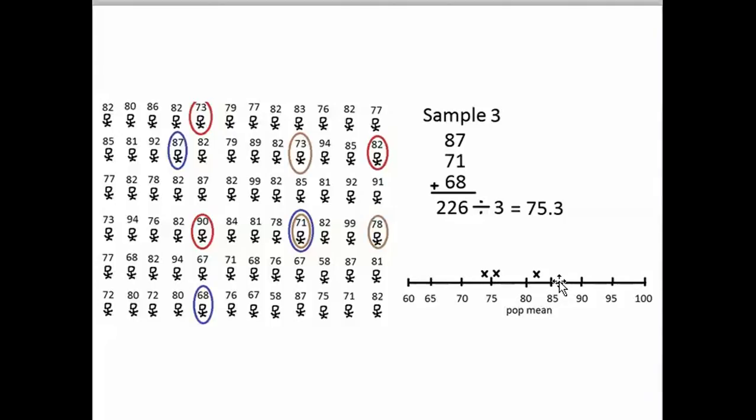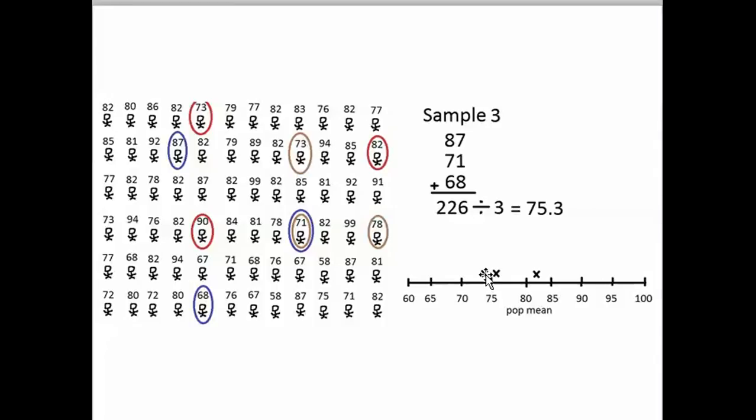In other words, most of these possible samples are at least fairly accurate. However, we can see that the different samples have different sample means. And we can see that some of the sample means are further away from the population mean than others. In other words, the sample means aren't all equally accurate.